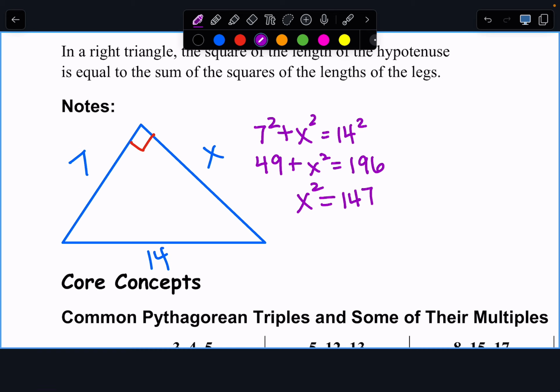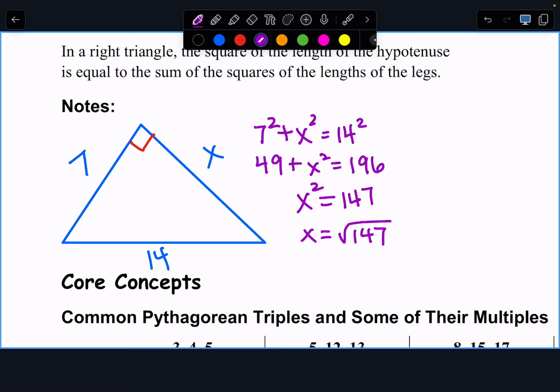So right now we have the square root of 147. Okay. Is 147 a number that we can reduce? Maybe. We know it's not even.